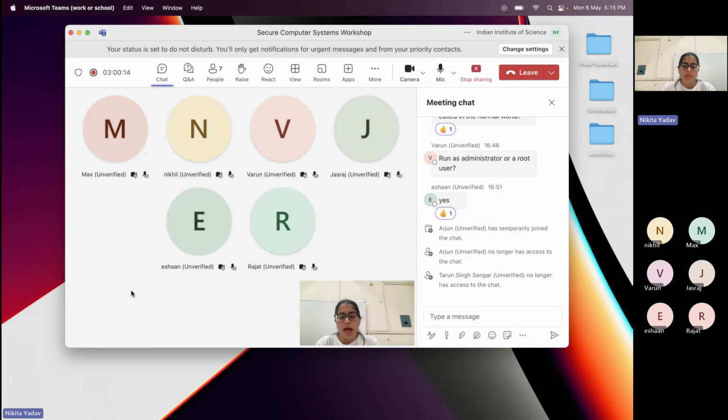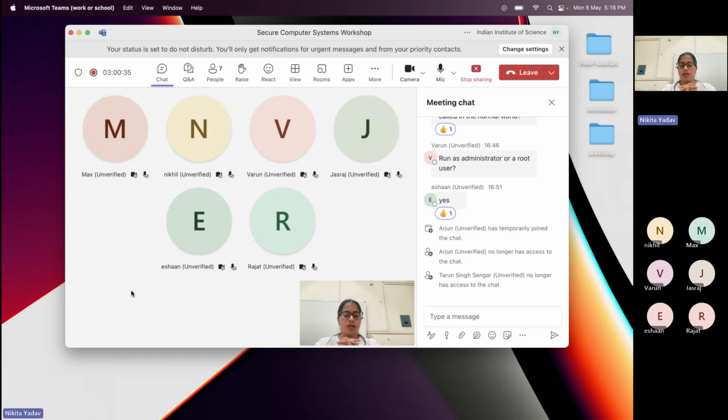We want a secure region where we can run this application so that we have confidentiality and integrity, and that is provided by secure hardware such as ARM TrustZone.